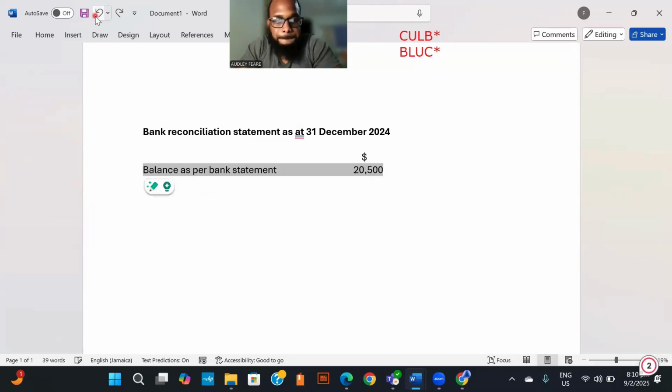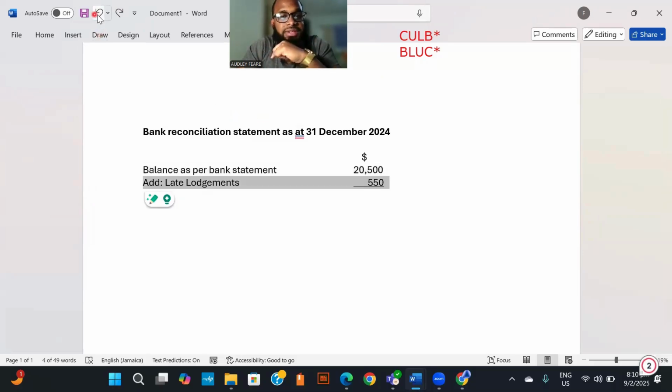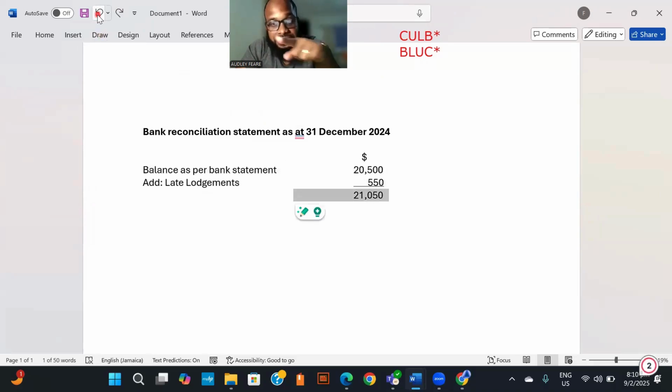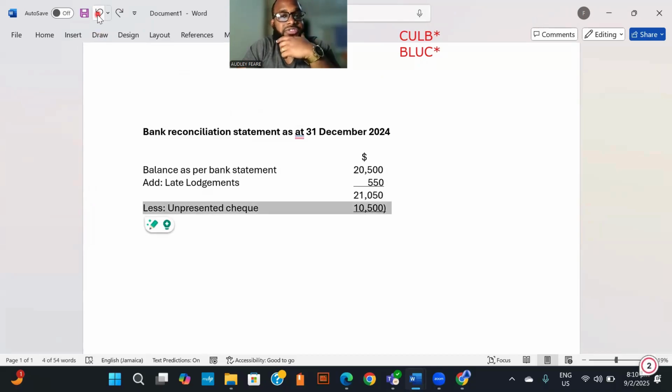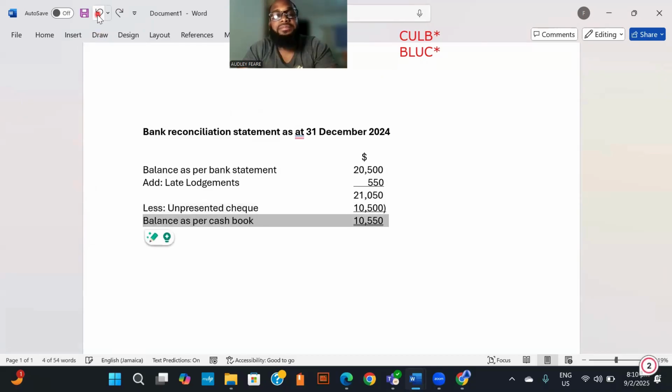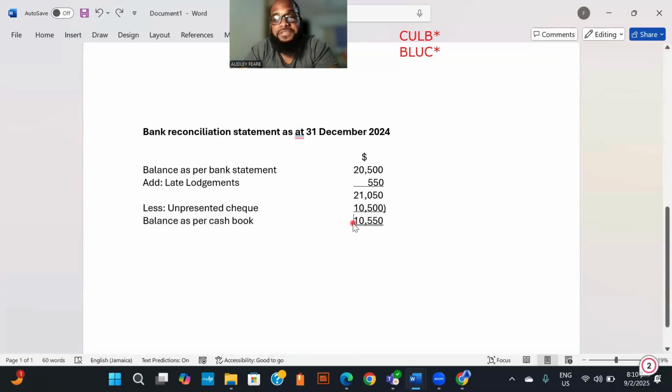So let's go. Balance as per bank statement was 20,500. We're going to add L, our late lodgement, 550. We add that, we're going to subtract our U, unpresented check, which is 10,500, and then that should give us back the balance as per cash book of 10,550.